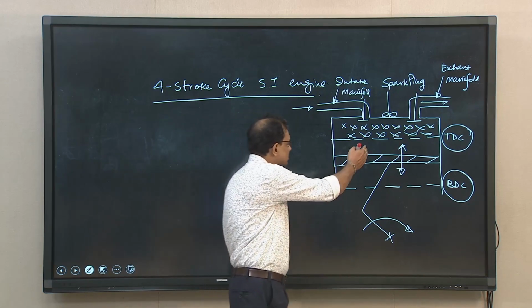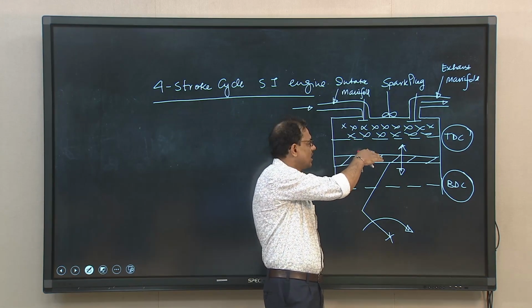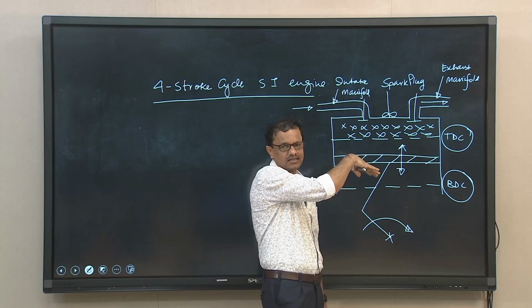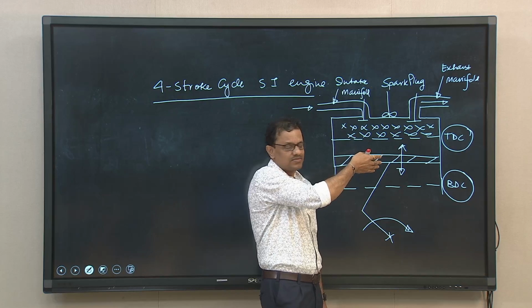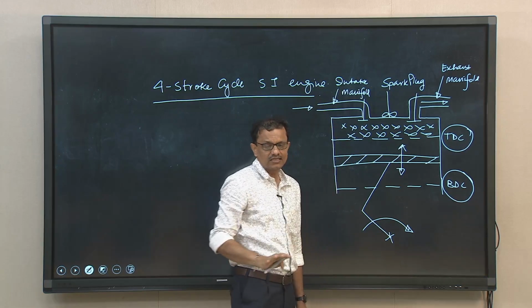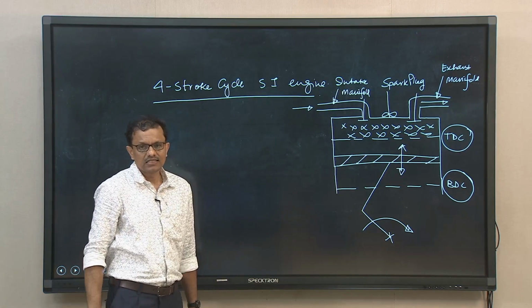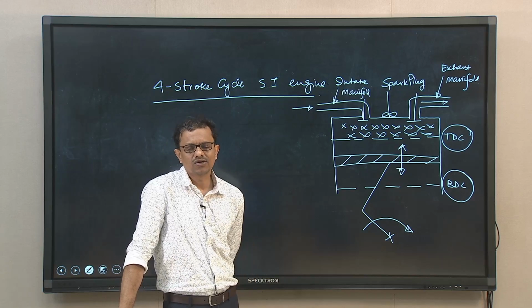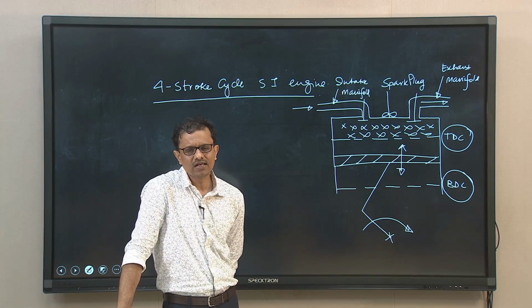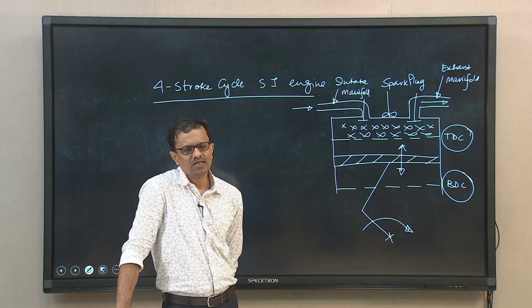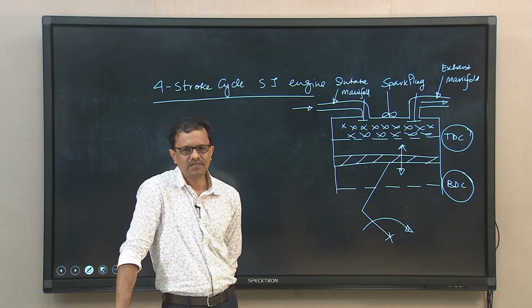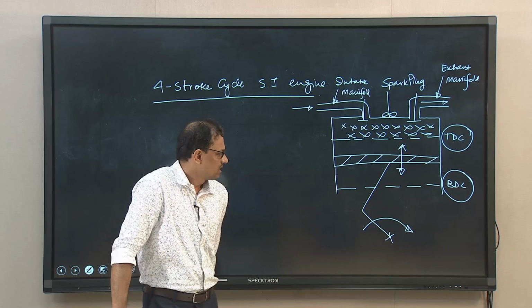So, all these processes are approximated by the air standard cycle for a 4-stroke SI engine, and that air standard cycle is called the Otto cycle, which is named after one of the inventors of this type of engine, Nicholas Otto.